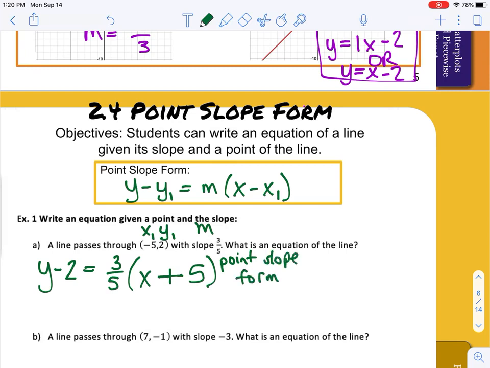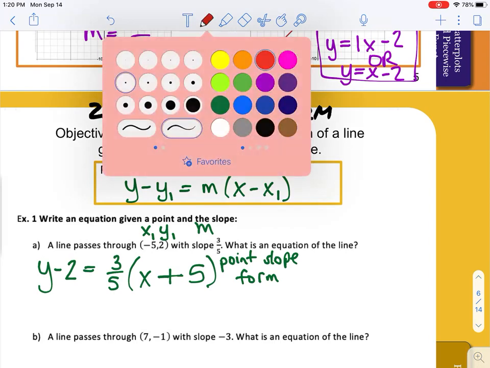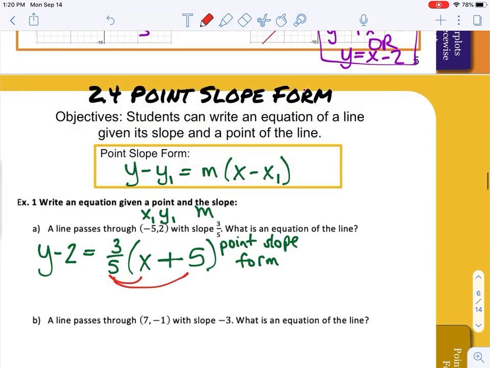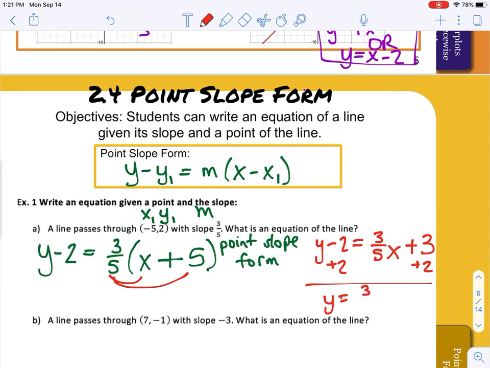If it asks you to find your slope intercept form, go ahead and distribute the 3/5 through. You end up getting y minus 2 equals 3/5 x plus 3, because 3/5 times 5 is 3. Solve for y, you add 2 on both sides, and y will equal 3/5 x plus 5.